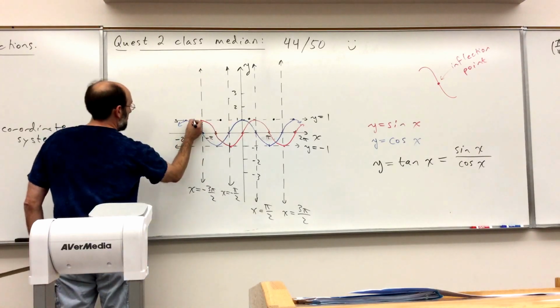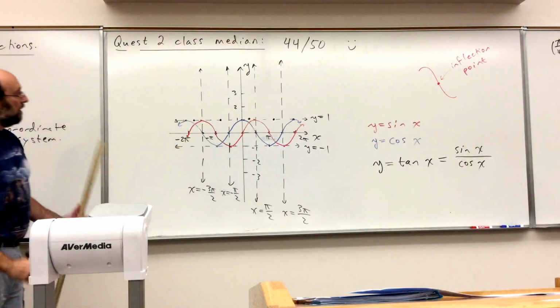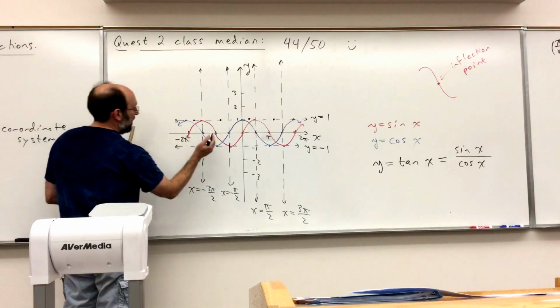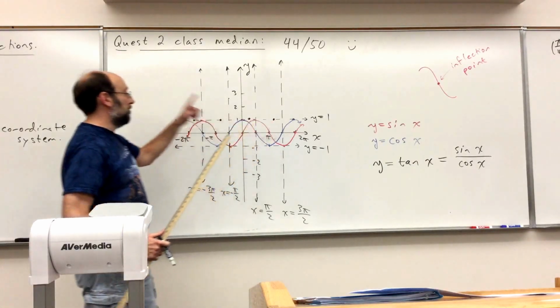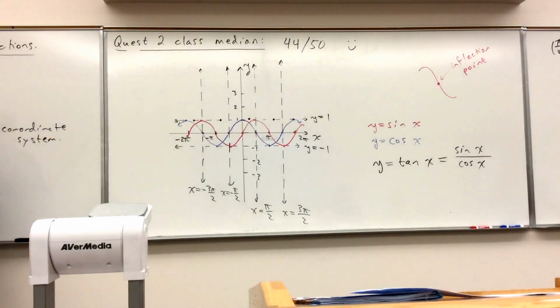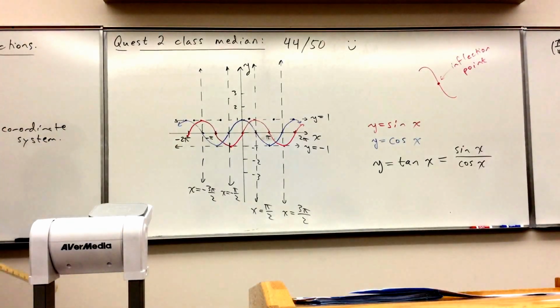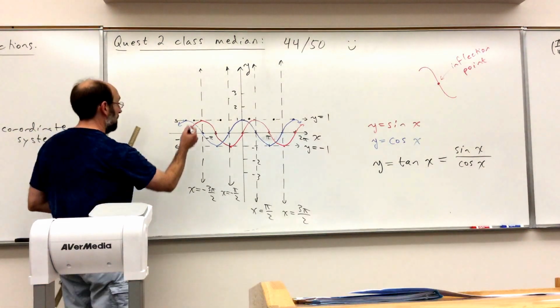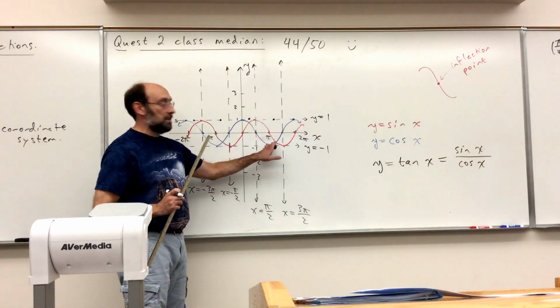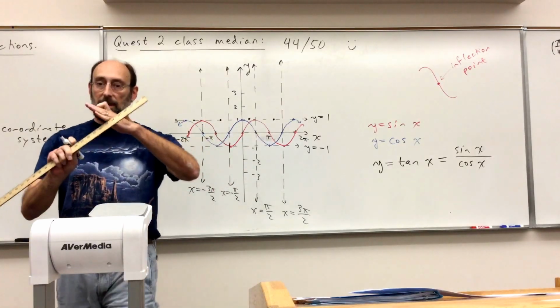Okay? So the tangent function equals 1 basically at pi over 4, 5 pi over 4, negative 3 pi over 4, etc. Okay? So they appear to intersect, the sine and the cosine intersect, whether in the negative or the positive, right? Because when they intersect, they're going to have the same function value.